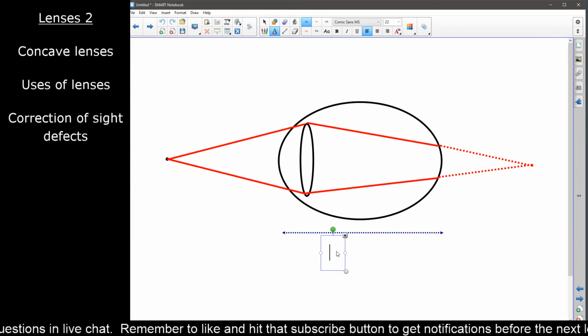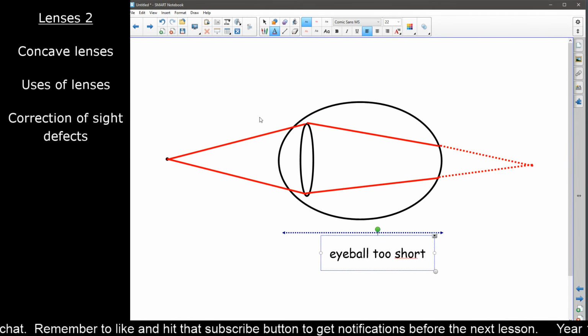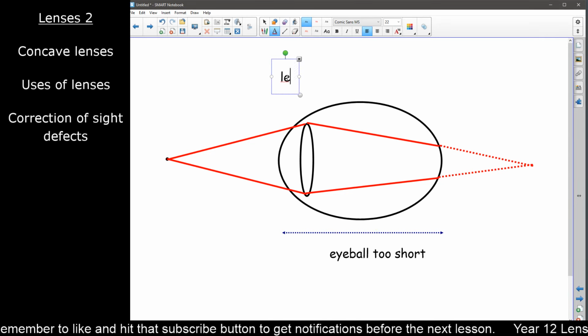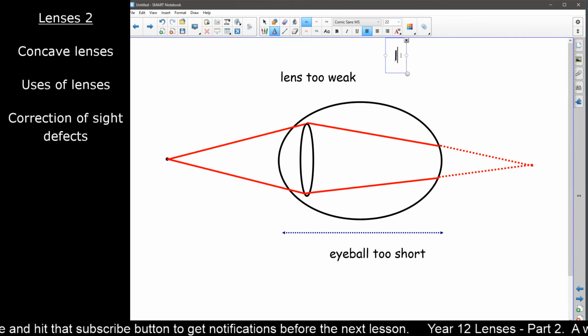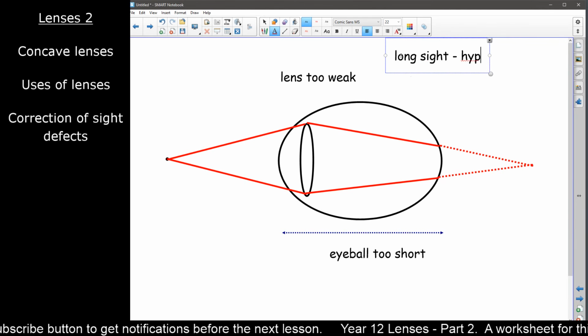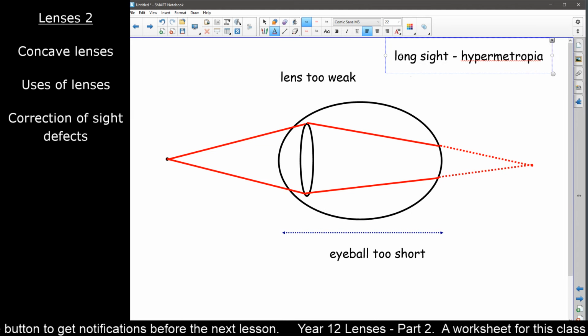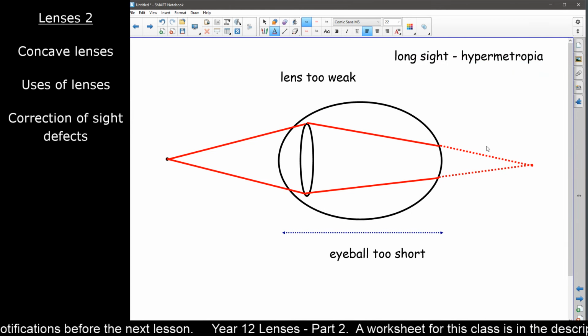Their eyeball is too short, or their lens is too weak. Okay, this is long sight. If you want to be super cool about this, it's hypermetropia. Long sight.